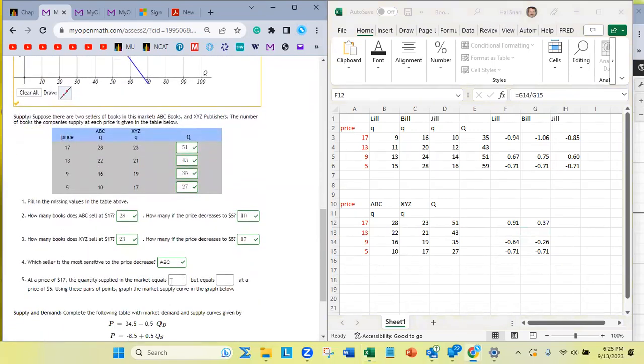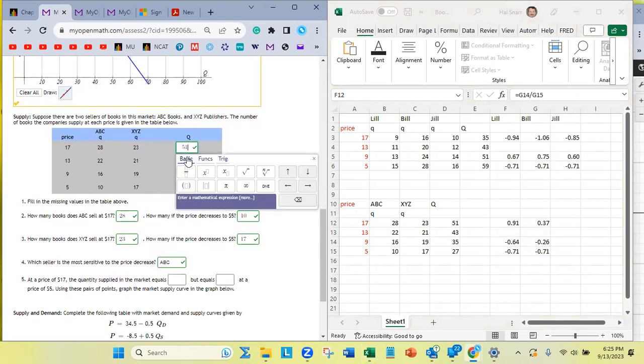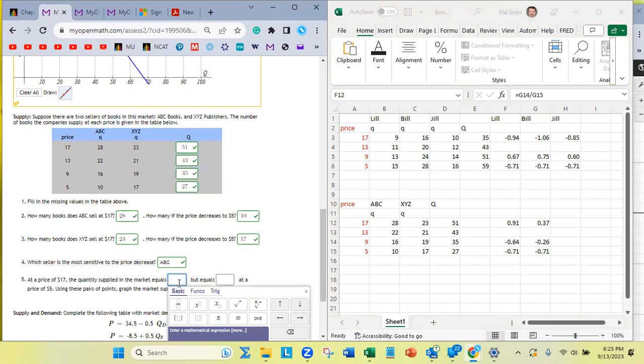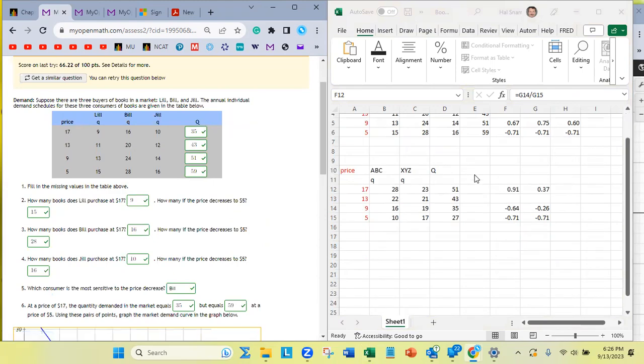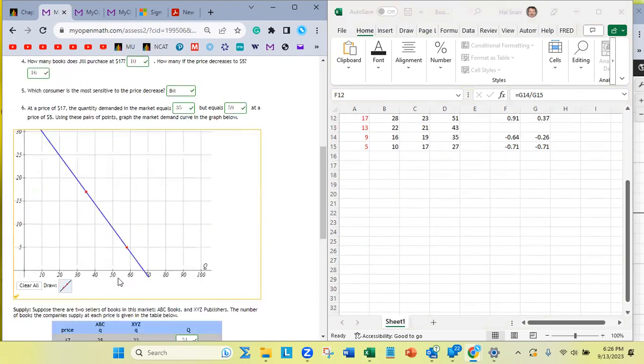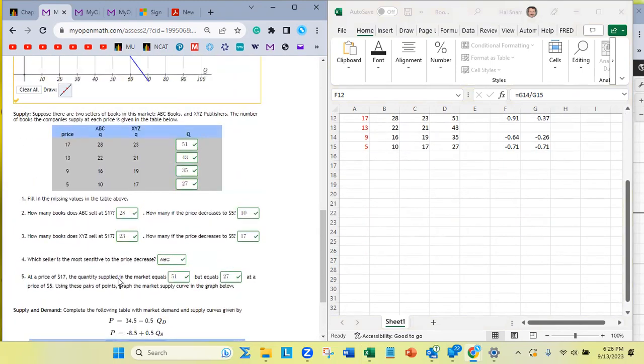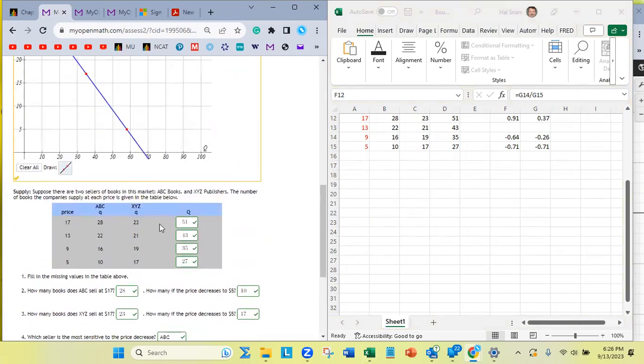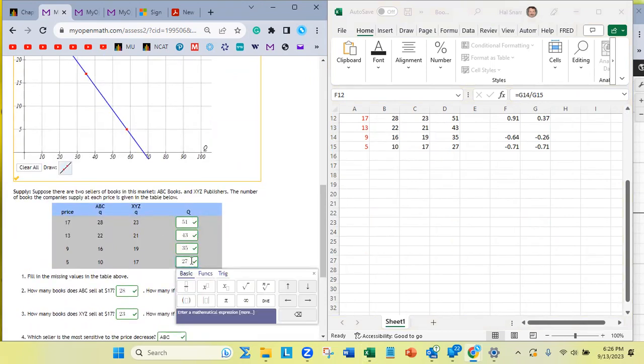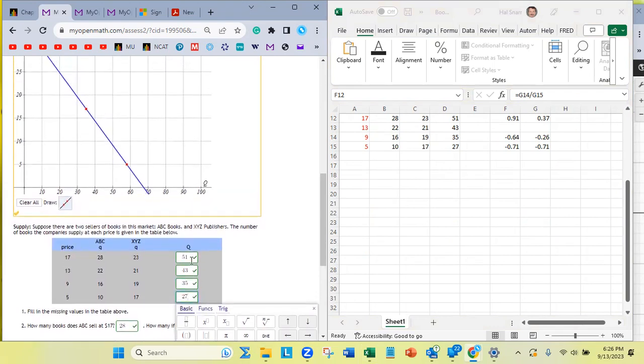Now, at a price of 17, what is the quantity supplied? Well, that's 51. Collectively, the two companies supply 51 books, but 27 at a price of 5. So we're going to use these two points to graph supply.